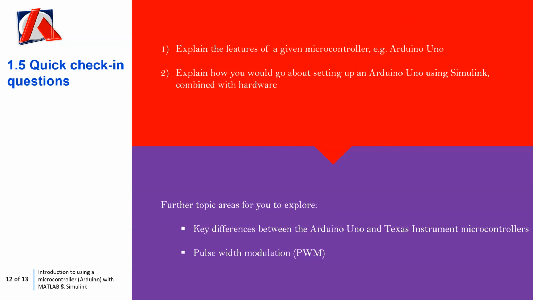So, quick checking questions. I want you to be able to explain the features of a given controller, for example the Arduino Uno. So stop the video at this point, give yourself 10 minutes, and attempt question 1 and also question 2. Explain how you would go about setting up an Arduino Uno using Simulink combined with hardware.